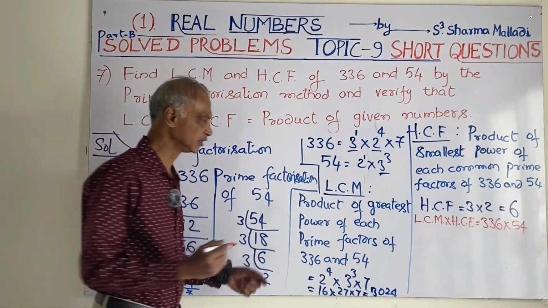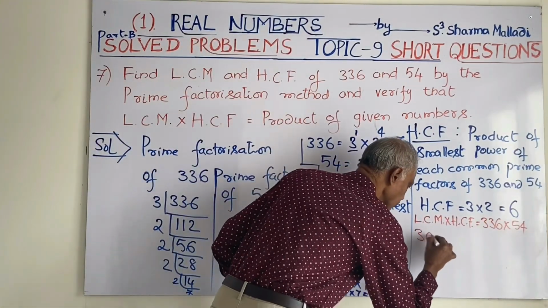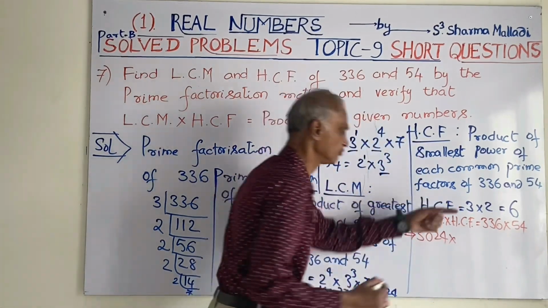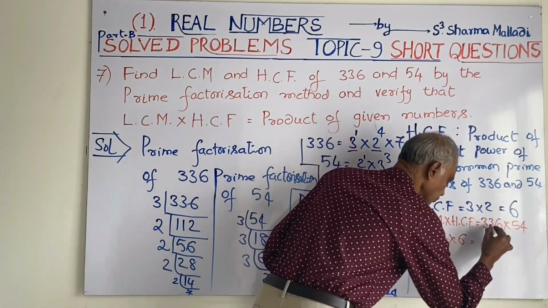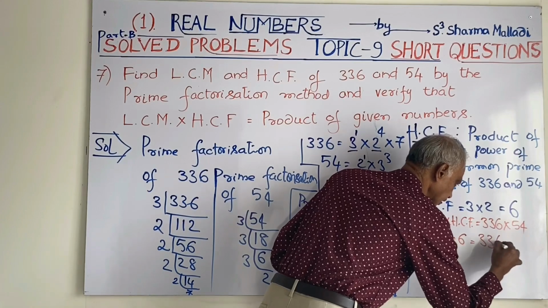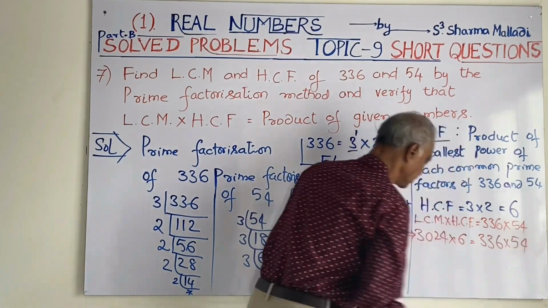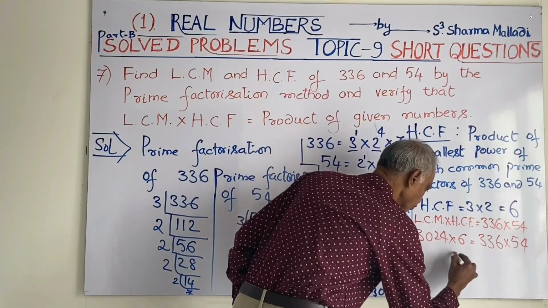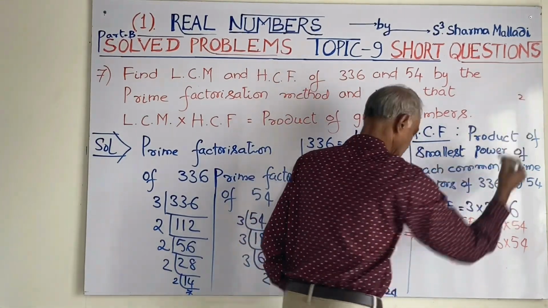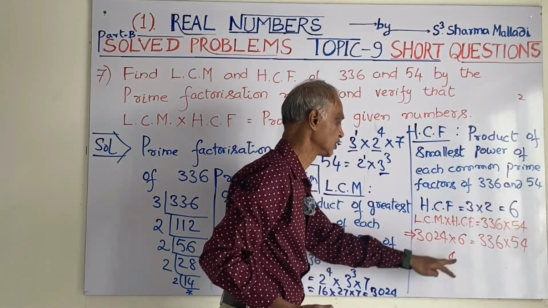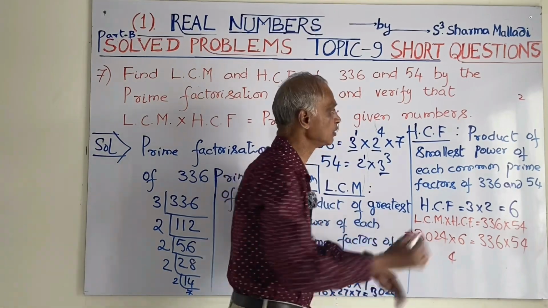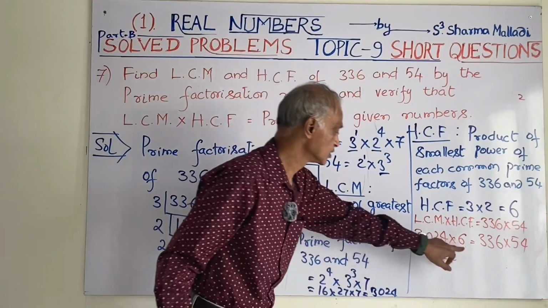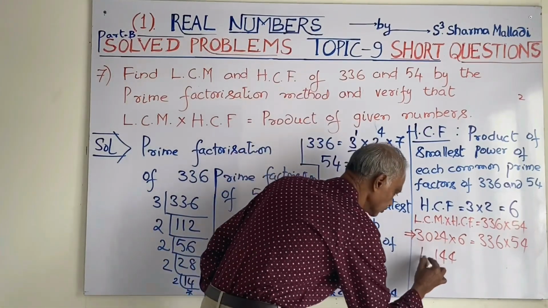What is LCM here? 3024 into what is HCF? 6 is equal to 336 into 54. You take LHS: 3024 into 6.